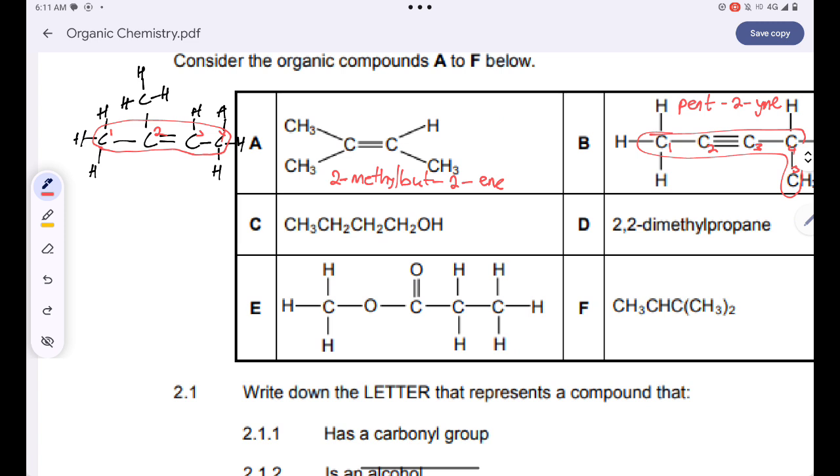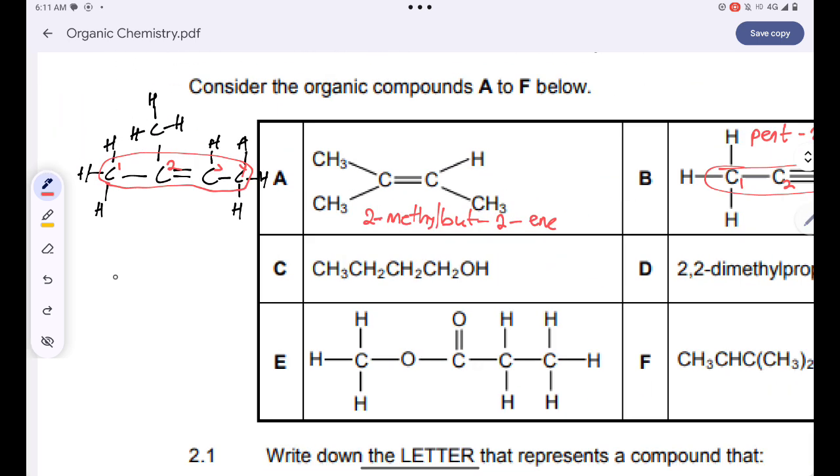Okay, compound C, I'm given a condensed structure. If I have a condensed structure, I must draw a structural formula and then give out an IUPAC name. So compound C has CH3, CH2, and another CH2, and then a CH2 that has an OH.